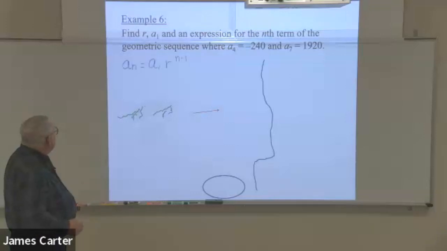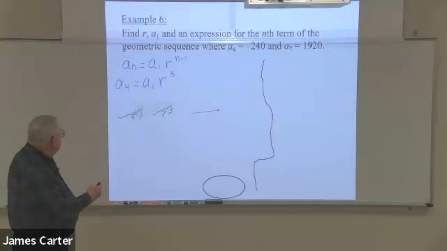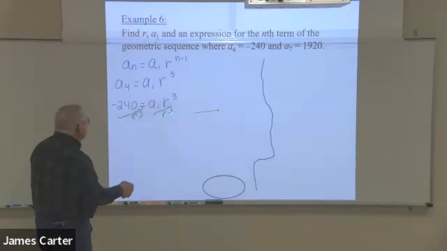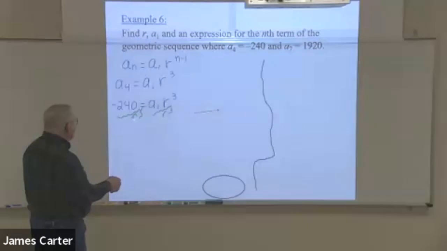Well, here's our general formula. If we put the fourth term in here, then this is going to be -240, right? So we're going to do that. Now we're going to divide both sides by r cubed.